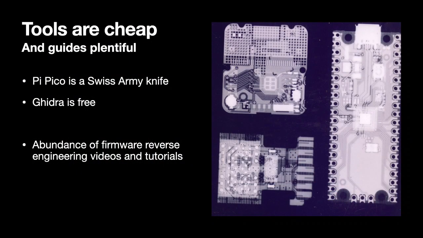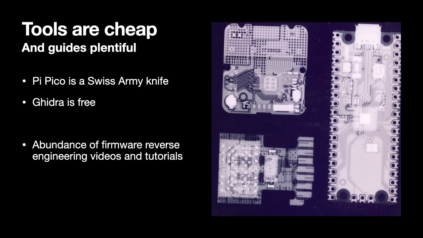Second thing that I wanted to point out is that tools are relatively cheap for doing this sort of work. There's an abundance of material out there for how to get started with this. There's YouTube videos, wiki pages, write-ups, articles, you name it. It's easy to get access to ways to learn this sort of stuff.